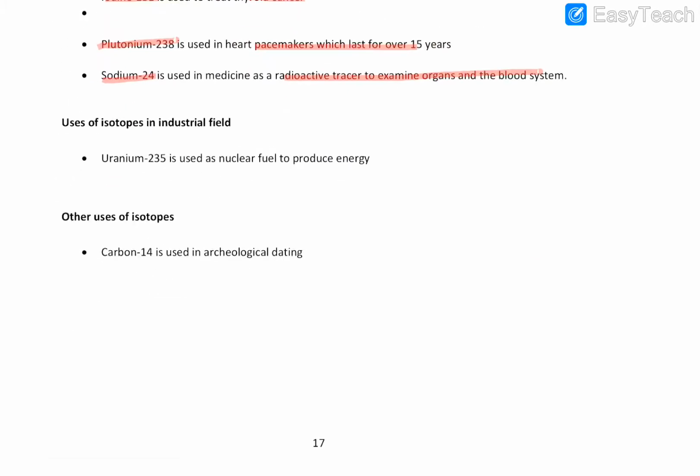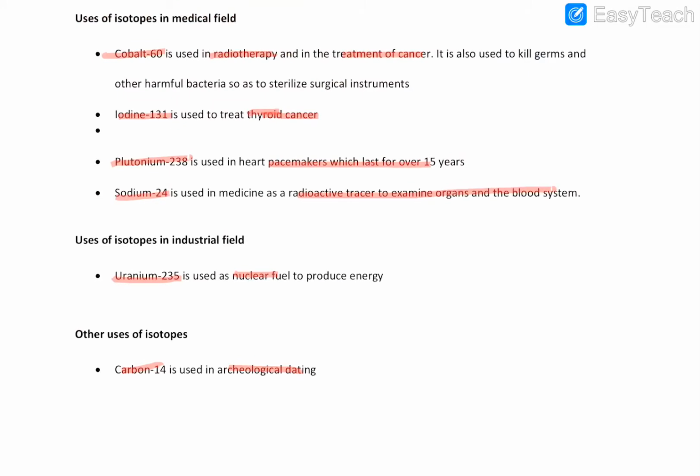In the industrial field, uranium-235 is used as a nuclear fuel, and carbon-14 is used in archaeological dating.